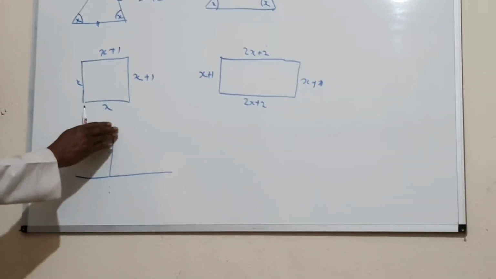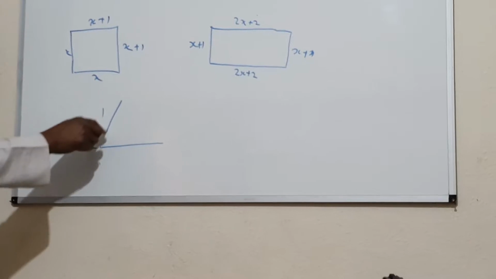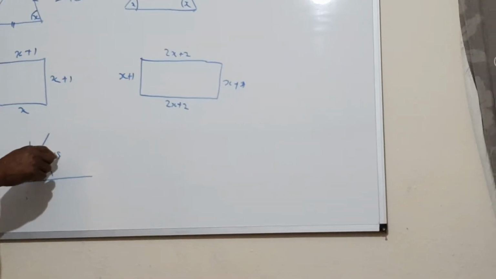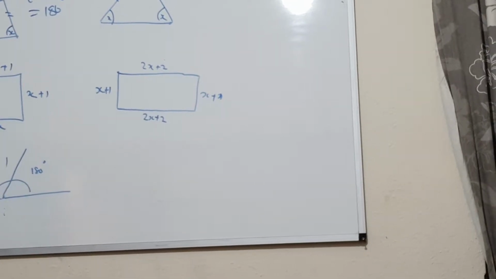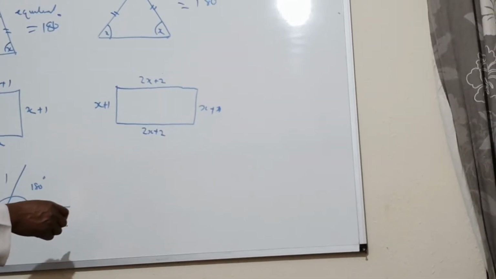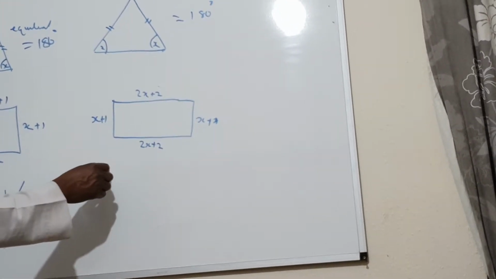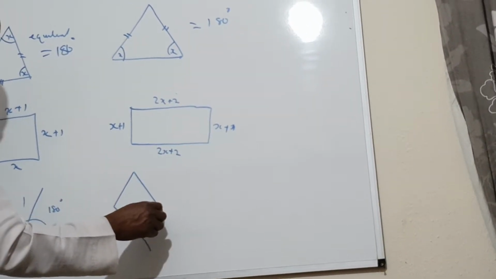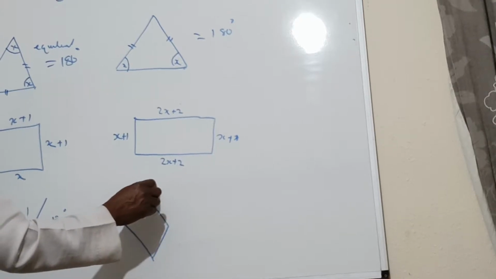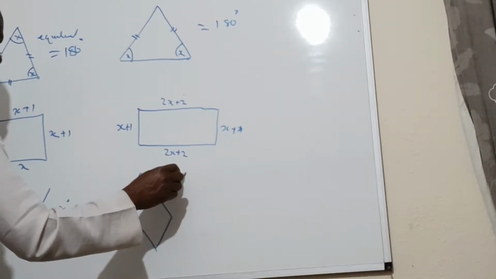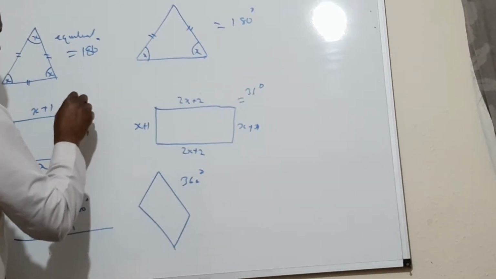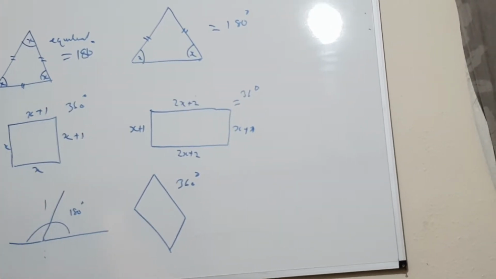If I draw an angle like this, these two angles added together make 180 degrees. Now, if I have a shape like this, even though it is not a square or a rectangle, it is made of 360 degrees. This is what I wanted you to know.